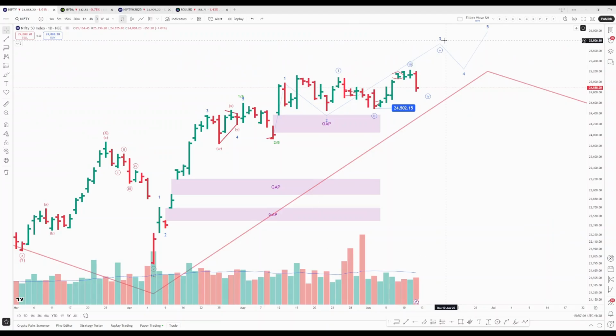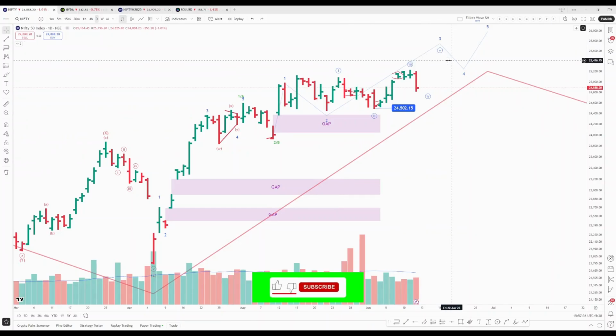Overlap in a motive wave essentially means it is either a leading diagonal or an ending diagonal, right? And wave 3 is not the place for either of them to be valid, because leading diagonals occur in wave 1 or wave A and ending diagonals occur in wave 5 or wave C. So this is not any of those cases, right? So this is wave 3.